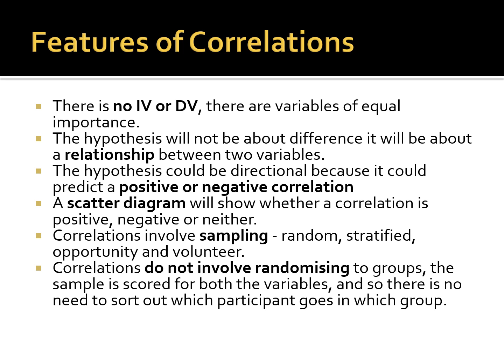So each participant is scored for each of the two covariables. There's no need to sort people out into groups. You don't need to have independent groups because you're testing the same people. It's not repeated measures because you are not testing them on two different versions of an IV, right? So it is known as within participant design.